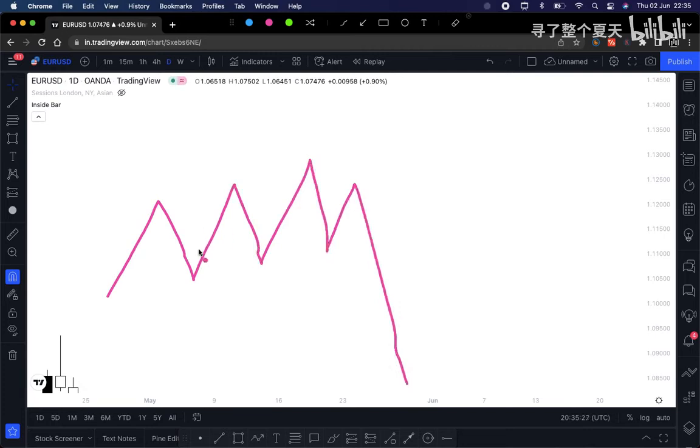It means that price wanted to turn around that area. Once you see multiple mitigations, just know that there is a high chance that price will reverse, because the volatility around this area here is low.